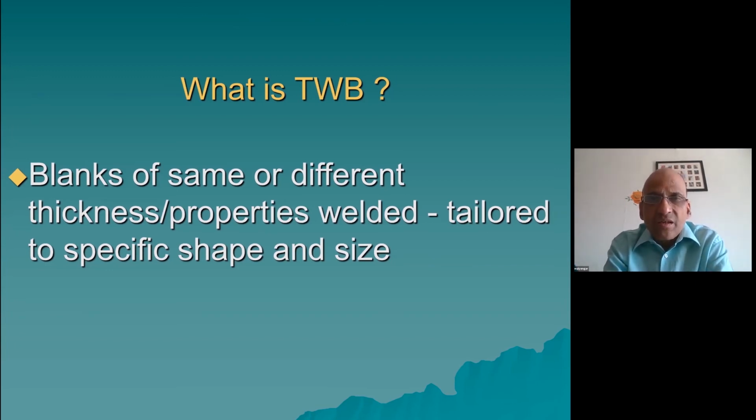So essentially you will have a weld that is going to run through your undeformed blank. So before we do the forming, our blank is going to be a welded blank, and the pieces that are getting welded can be of different thickness, or different material combination, or different material and different thickness. This is the basic definition of a Tailor Welded Blank.